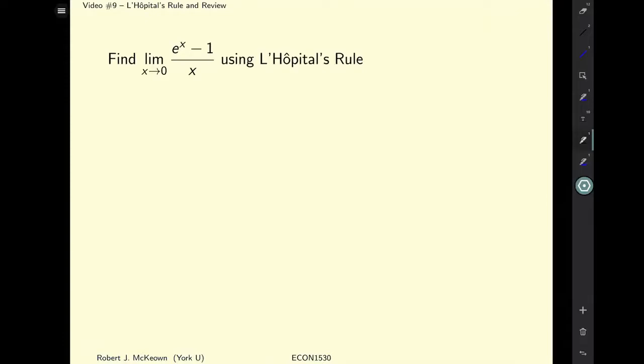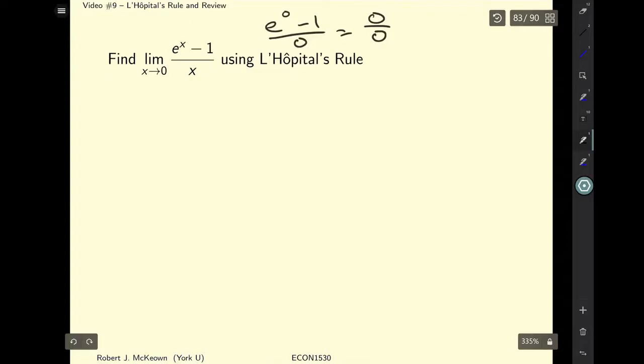Let's apply L'Hopital's rule to a problem that we were unable to solve earlier. I don't think we actually did this in the notes or in class, but if you look in the textbook, where they're trying to determine the derivative of the natural exponent, they have this formula. And notice that if we let x go to 0, we end up with 0 over 0.